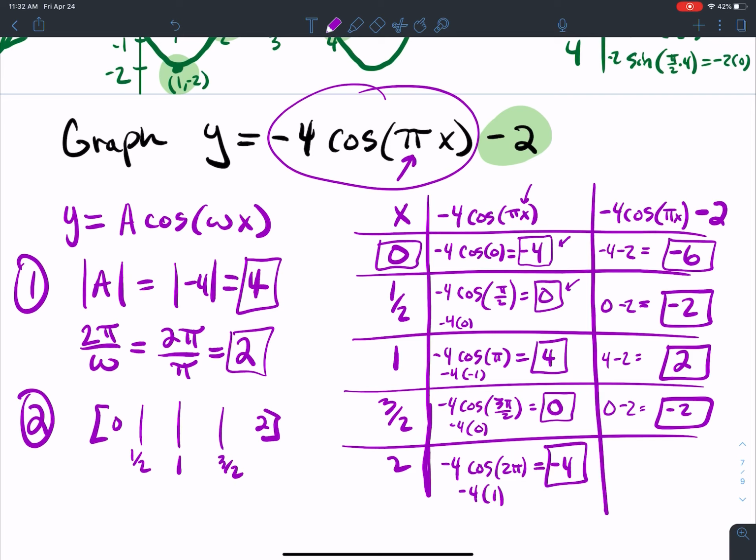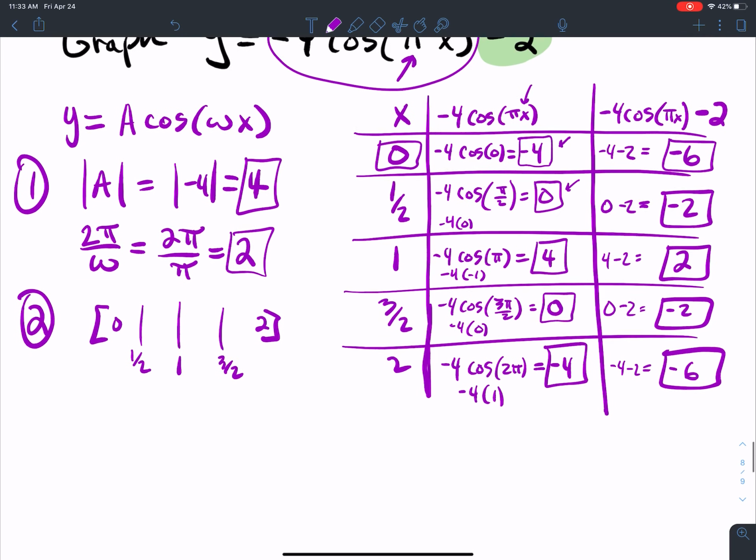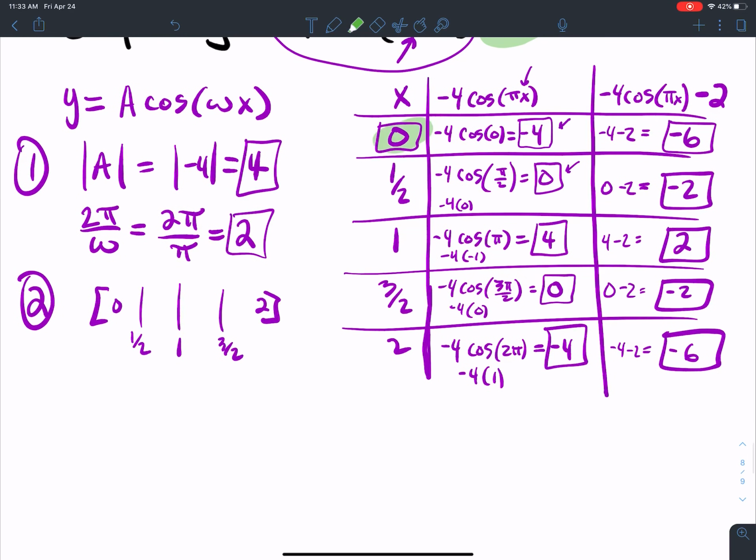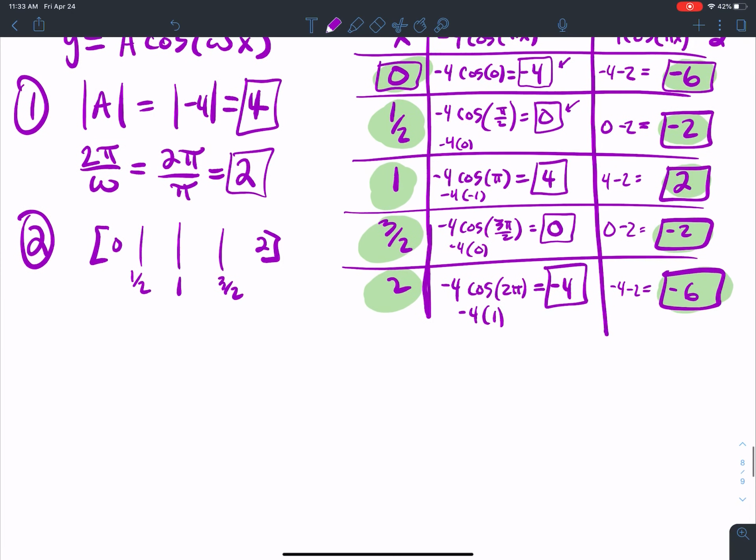And then, what do we have here? -4 minus 2, this is -6 once again. So now let's see if we can plot these. So what points are important here? These are my x, y coordinates. I'm going to plot these key points. And when I plot those key points, I should have everything.